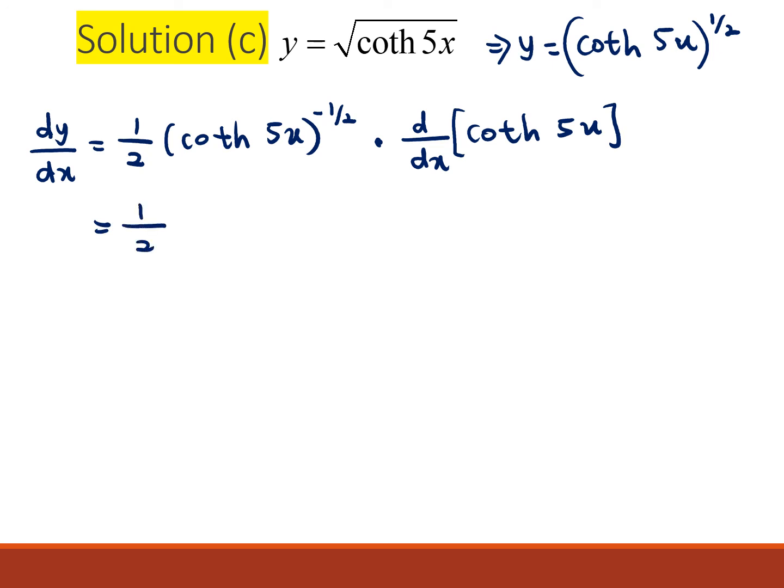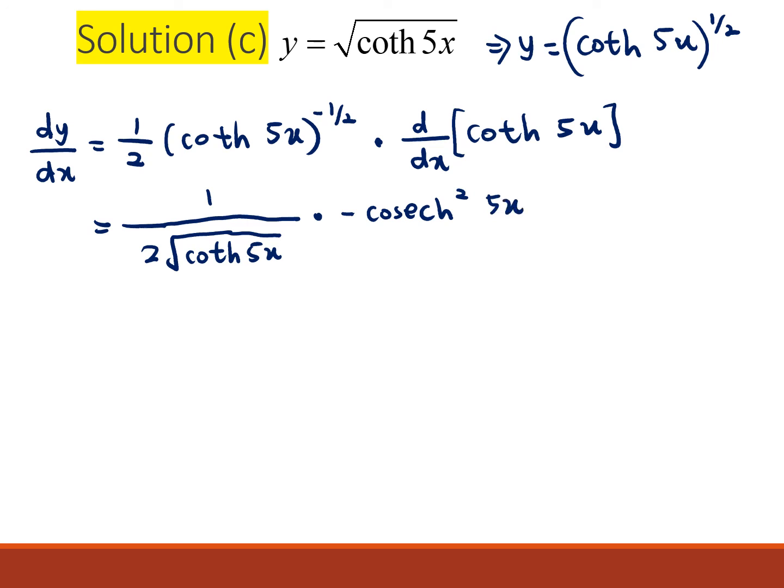So the next step is, well, this one will be 1 over 2 cotangent hyperbolic of 5x times the differentiation of cotangent hyperbolic, which is negative of cosecant hyperbolic square, and remain the inside function, which is 5x.